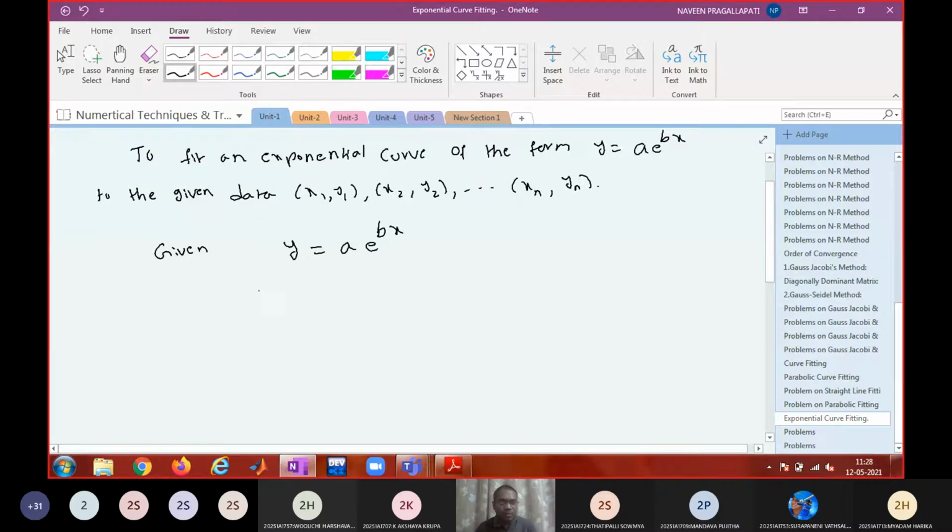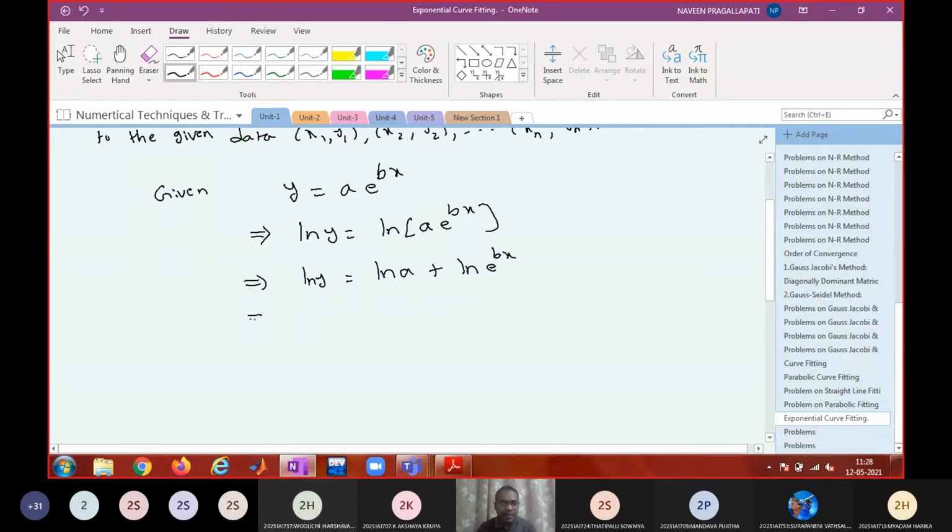Taking the natural log on both sides, ln y equals ln a plus ln e power bx. So this implies that ln y is equal to ln a plus bx, because ln e is 1.